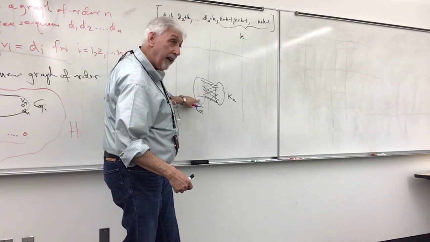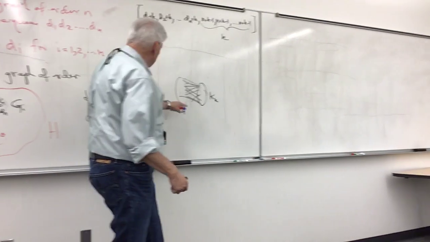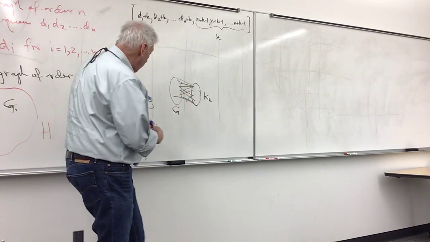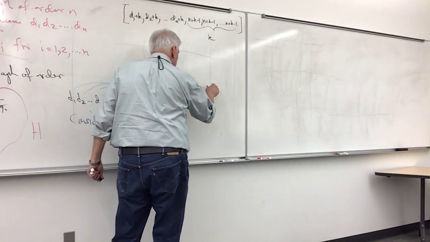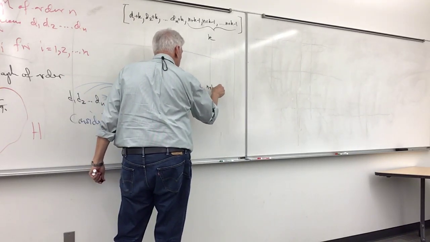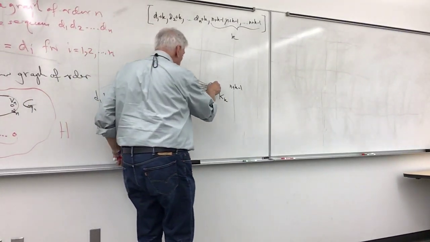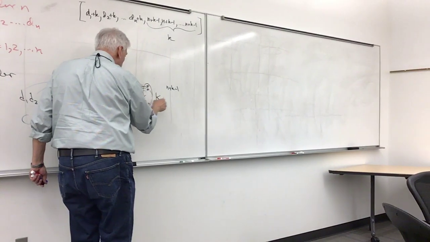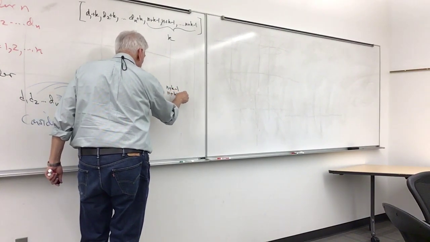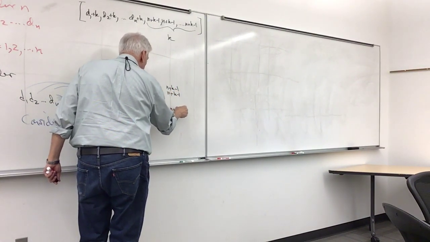We got originally n, and then k minus 1. So each of these vertices has degree n plus k minus 1. And the next vertex, of course, has the same degree, n plus k minus 1.